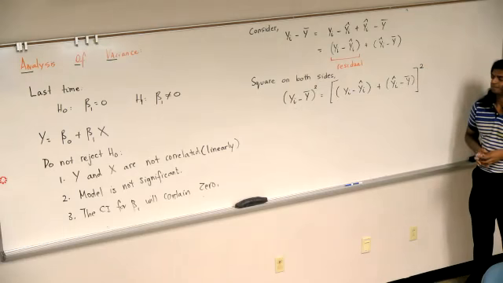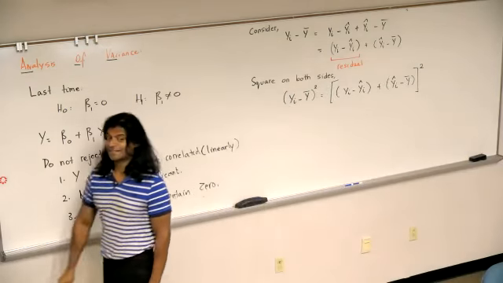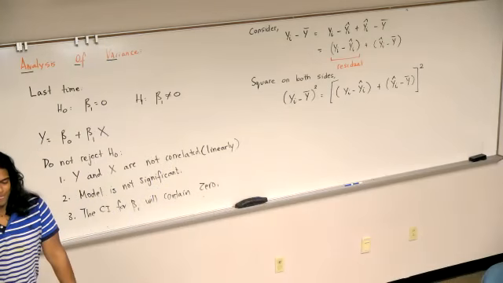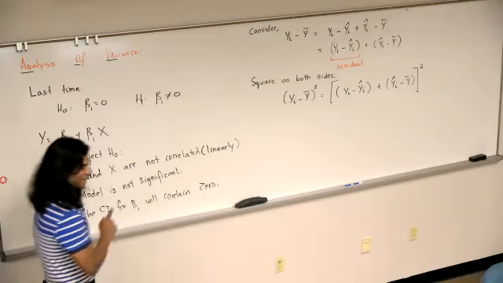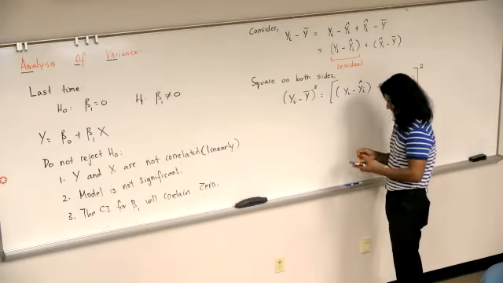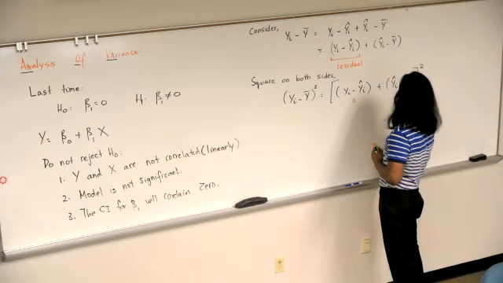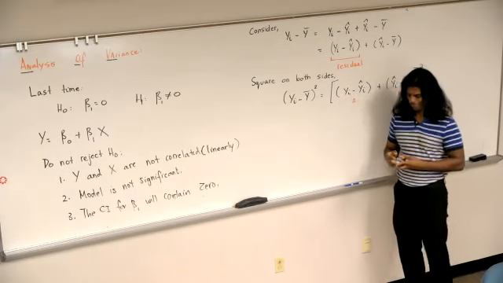Good. Okay. What would that be? Algebra. A plus b squared is a squared plus b squared plus 2ab, FOIL.